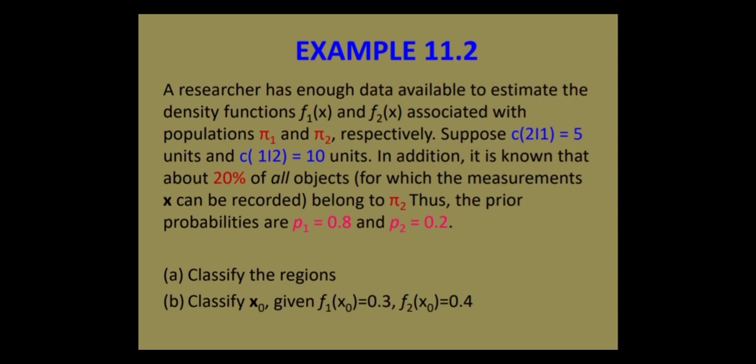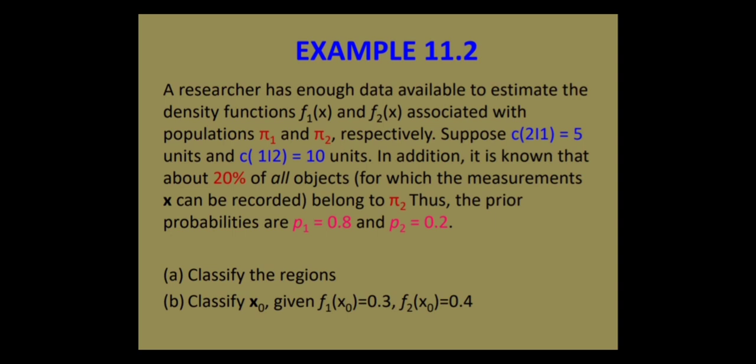Okay, suppose that the cost of misclassification into the second population when it comes from the first population is 5, and the cost of misclassification into pi 1 when actually it is pi 2 is 10. In addition, it is known that about 20% of all the objects, ataupun all the observations, belong to pi 2.